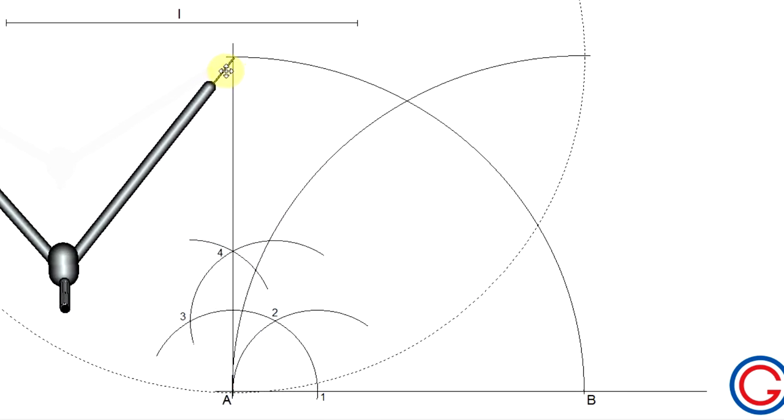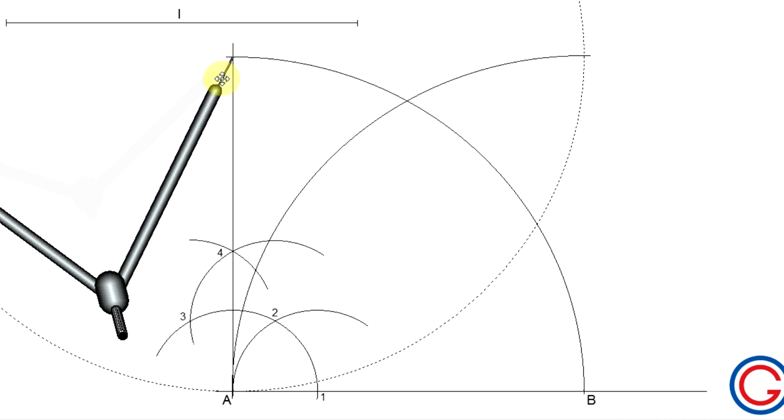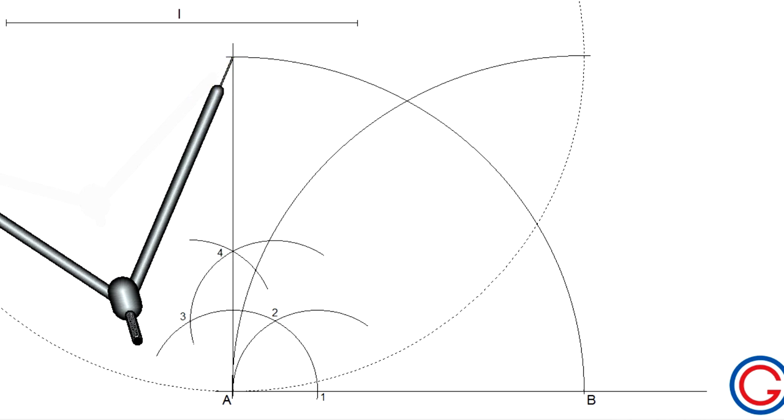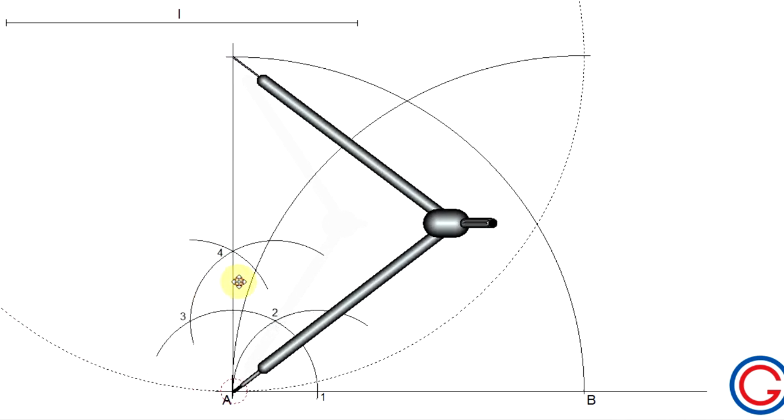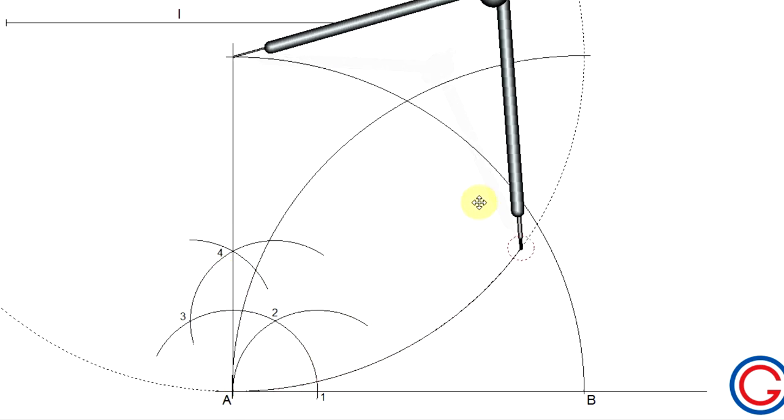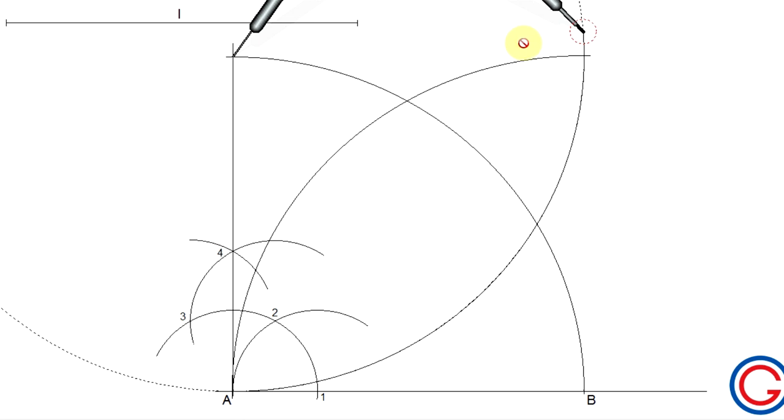And finally, with the compass still set to the same length and setting it on the previously drawn vertex, we scribe an arc to the left until it cuts our previously drawn arc, as can be seen here.